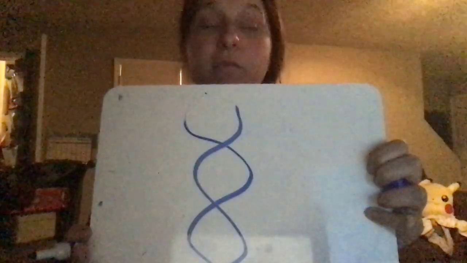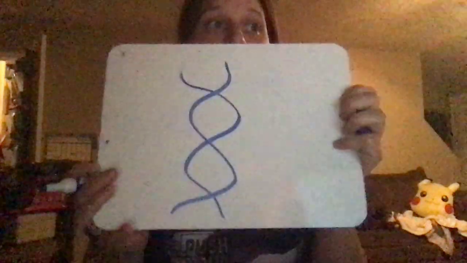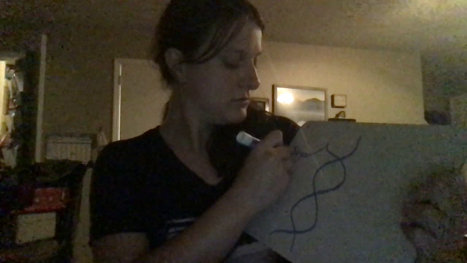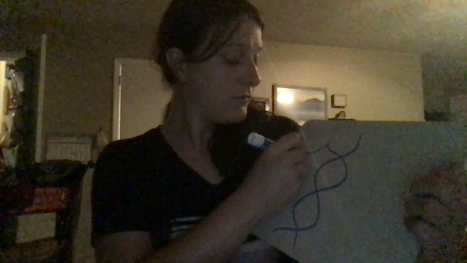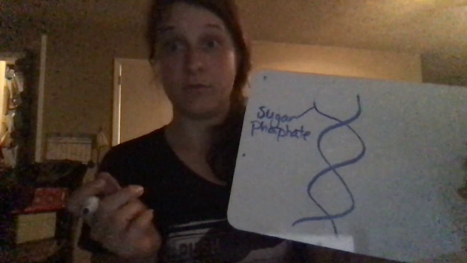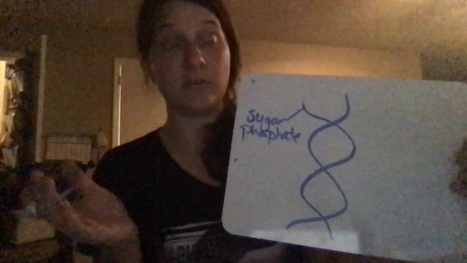It looks like, called the double helix, okay? And this part right here is called the sugar phosphate backbone. It's made out of carbon, hydrogen, oxygen, and phosphorus, okay? Sugar phosphate backbone.